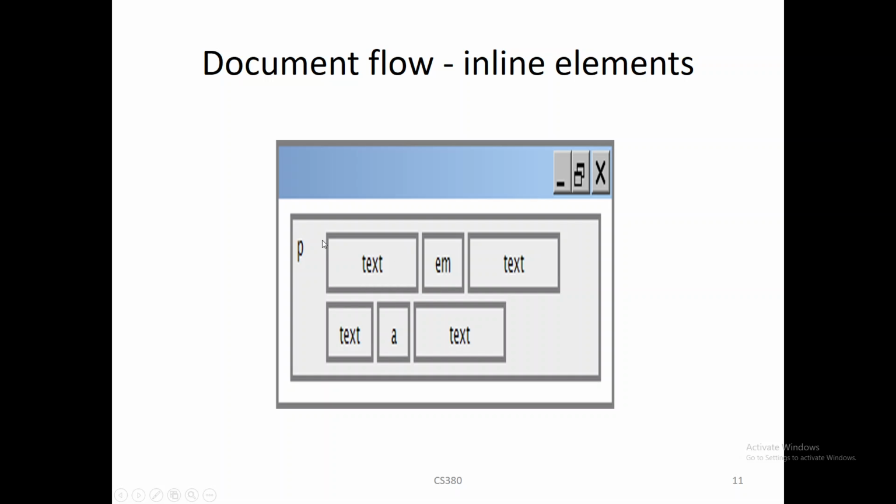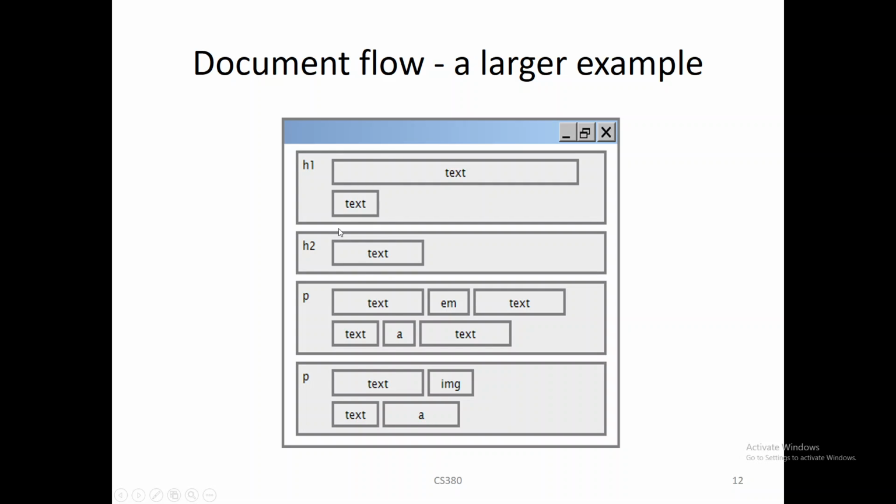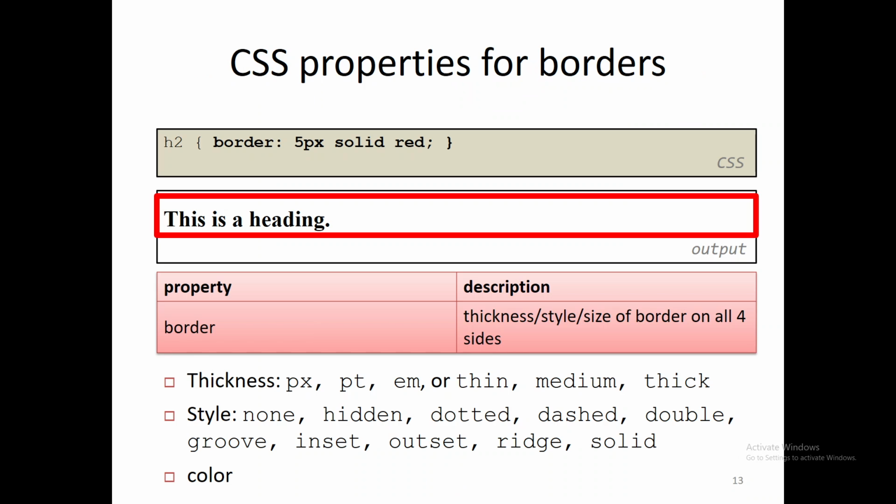So some block elements can contain inline elements. Inline elements usually contain inline elements, but block elements can contain both block and inline elements together. And then you can arrange your document as it flows in this direction.